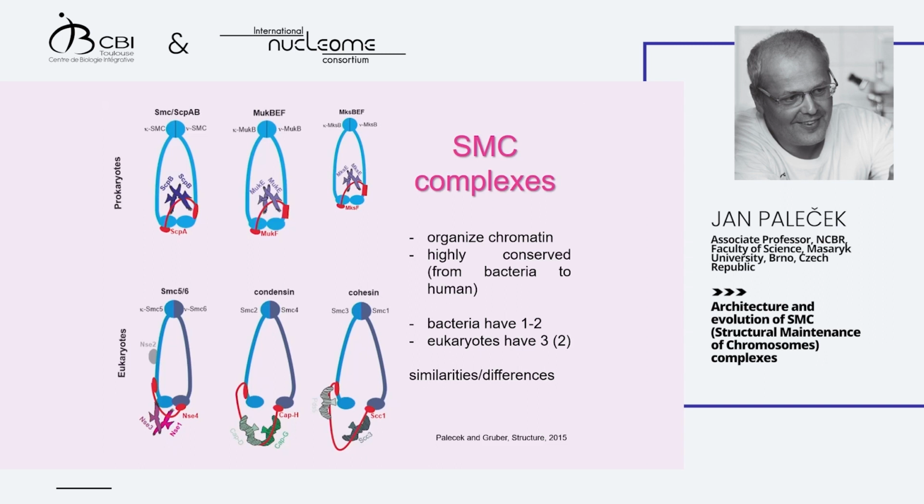I would like to show you similarities between these bacterial and eukaryotic complexes, and some differences, of course, as well, and their implications for these machines, which are responsible for loop extrusion in the cell.